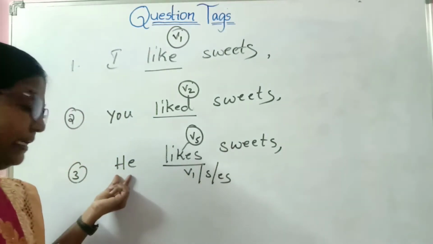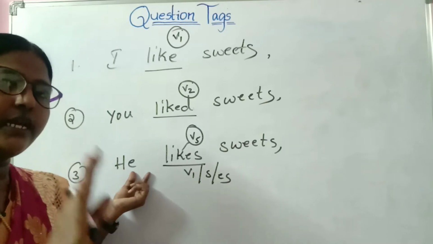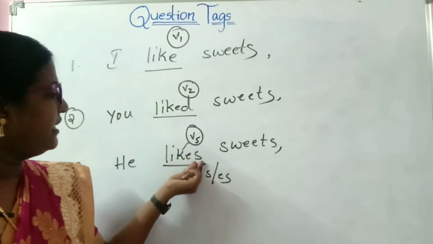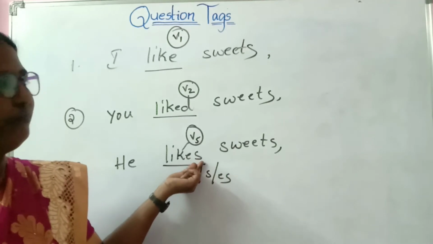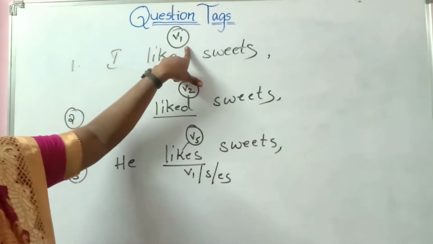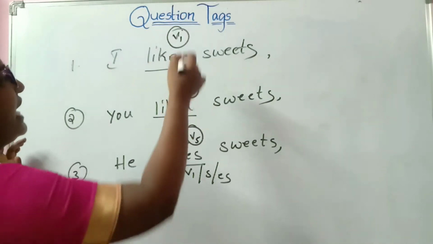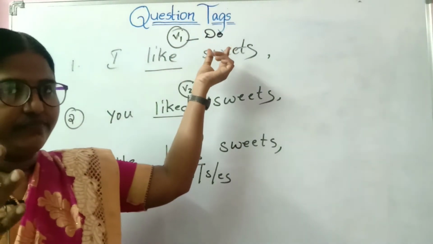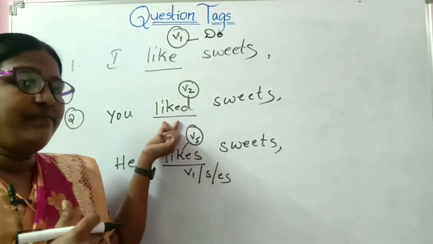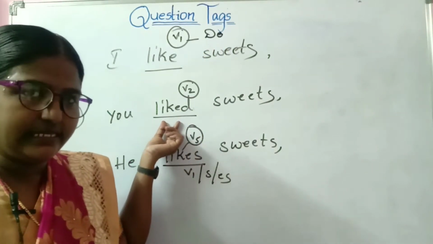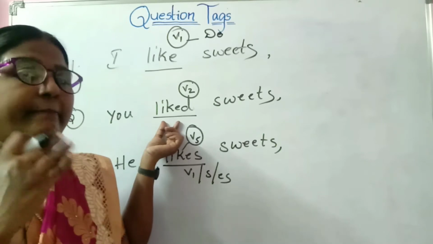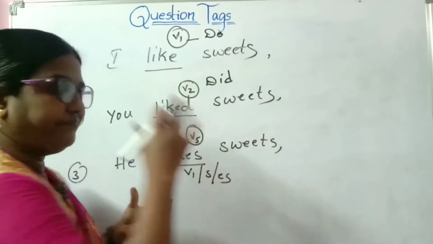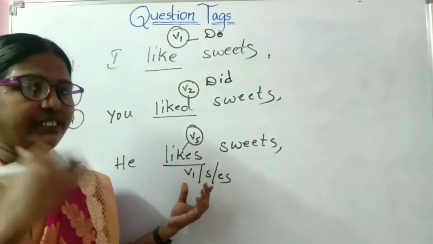So here you see he is a third person singular pronoun, so we have written likes. We have added S to this V1 form. When the verb is in V1, we have to take do, the helping verb. When the verb is in V2, past tense, we have to take did when we are writing question tags.